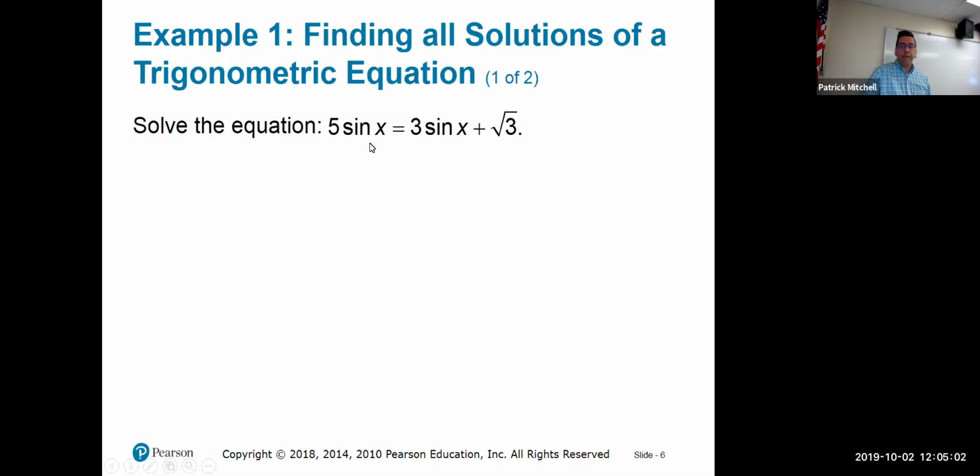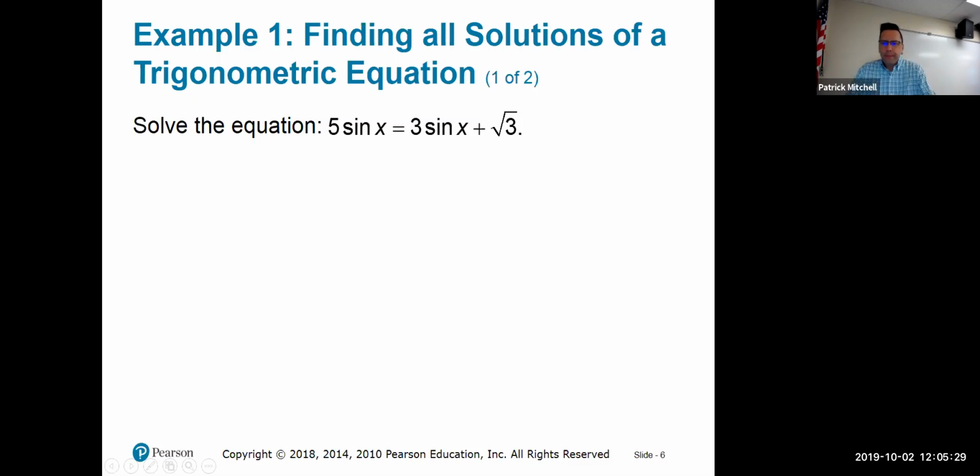They can ask you to find all the solutions, and usually a trigonometric equation has an infinite number of solutions because of the periodicity of the trig function. Other times they will just ask you to find solutions, say, between 0 and 2 pi. Generally these solutions are found in radians.